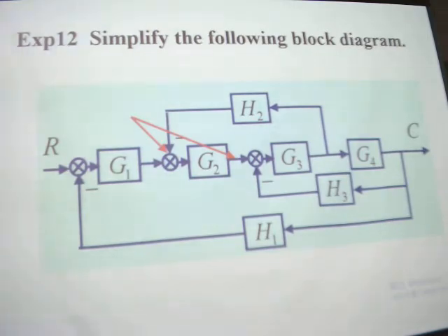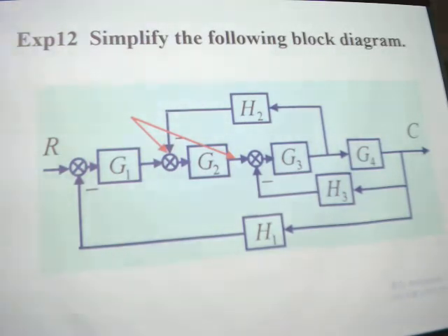G3. G4. Where is G4? Now we move this pickoff point backward, forward.